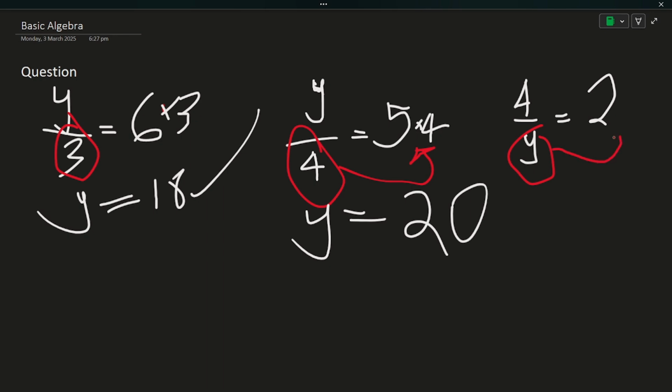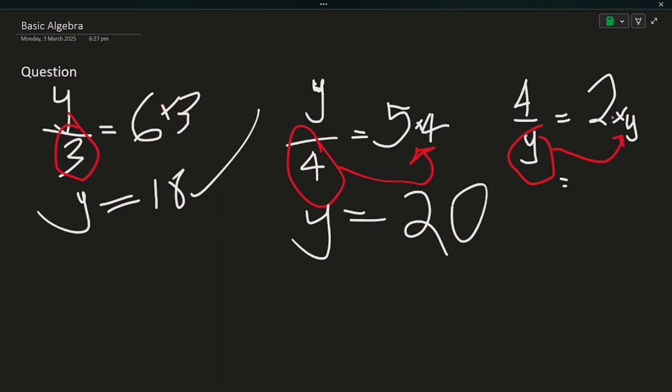4 over y is equal to 2. Bring the y onto here. It'll be 2y, basically 2 times y.